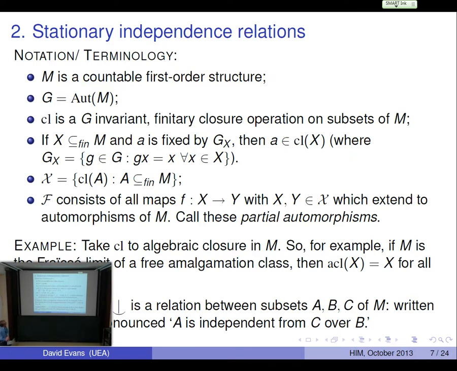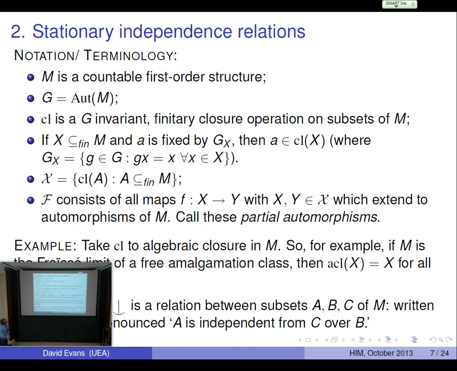Okay, so we're going to have this closure operation around, and I want script X there to denote the closures of the finite subsets of my structure.